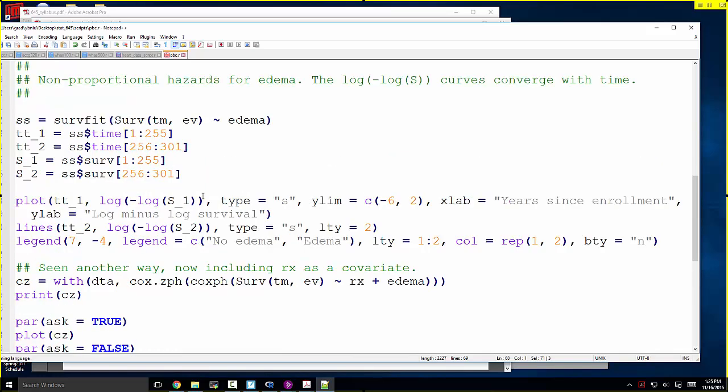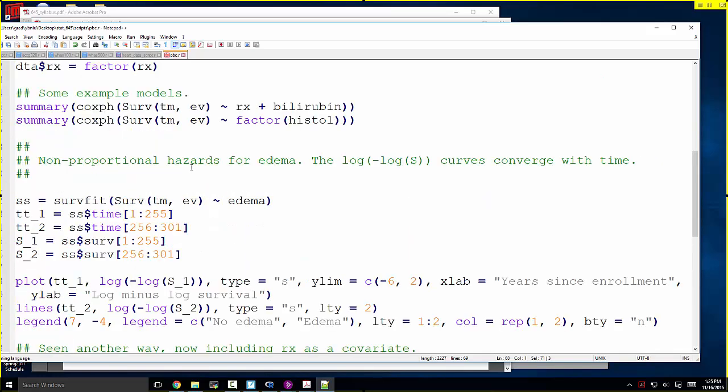I was going to show you a better way to make these log minus log plots, but I ran out of time to do it. Remember that we made these pictures and it was kind of hard to tell whether the curves were separated by a constant amount whenever the curves curved.